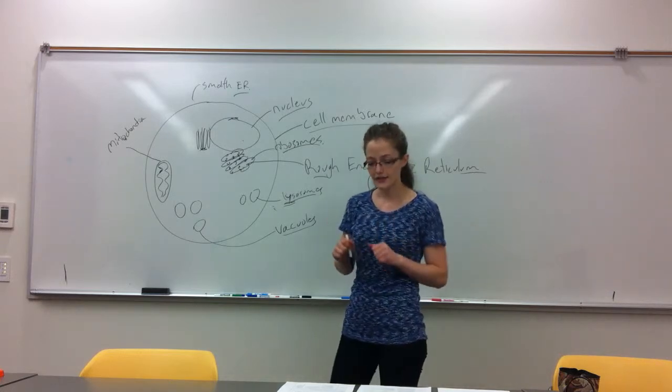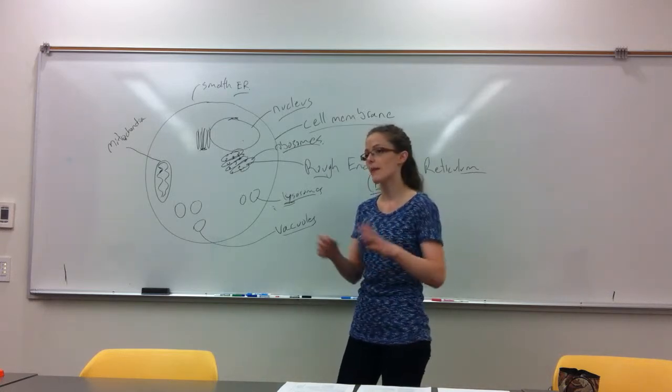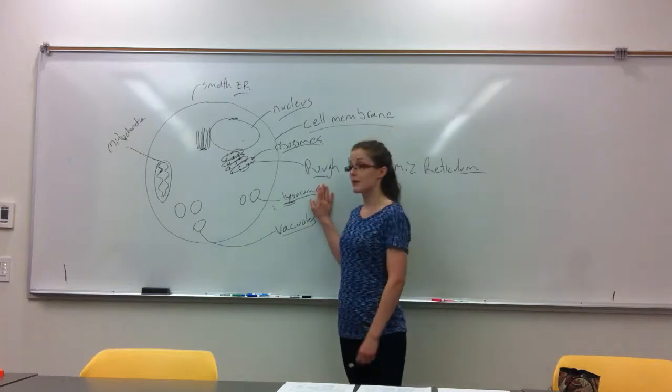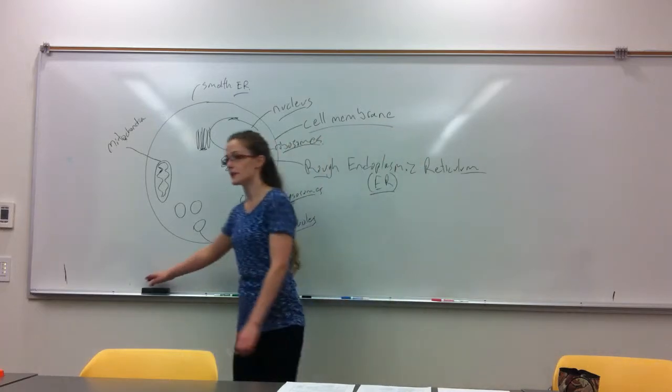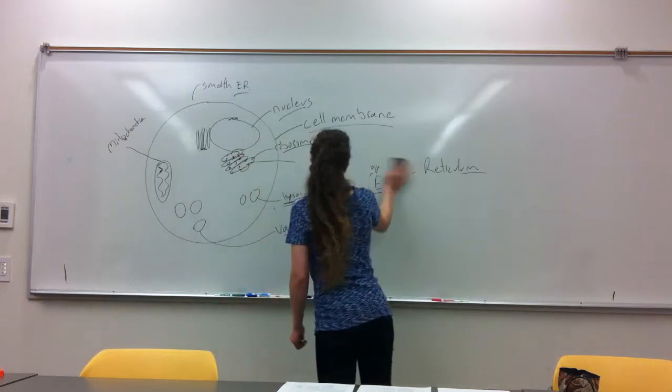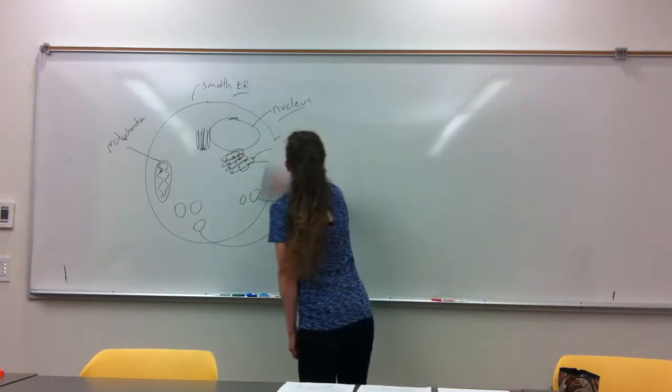I'll give you guys about 5 to 10 minutes to do this, and then we'll come back as a class and we'll label a diagram on the board together to make sure that everybody knows what these structures are and where they are in our cell. All right.